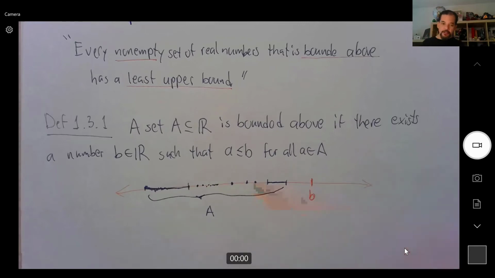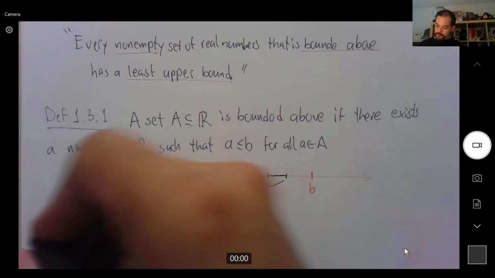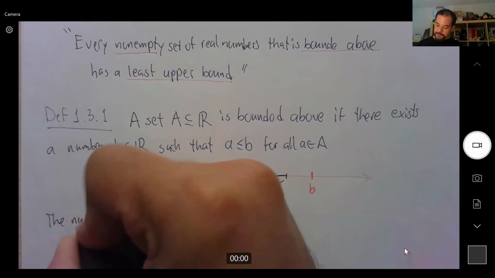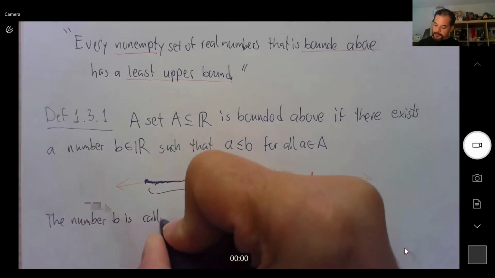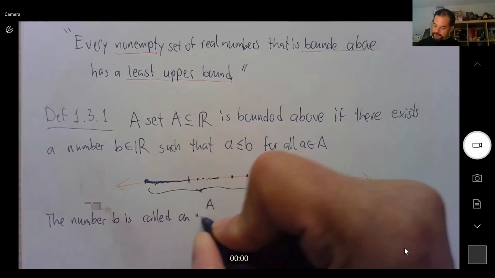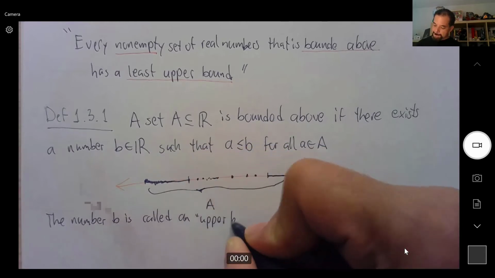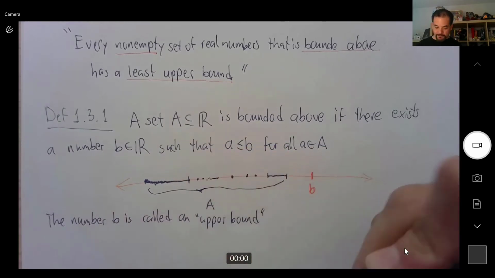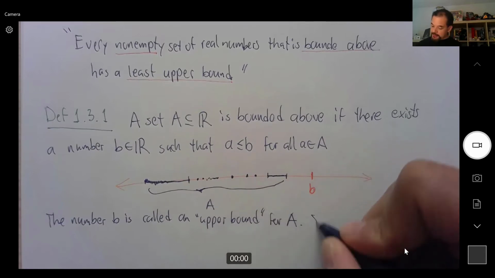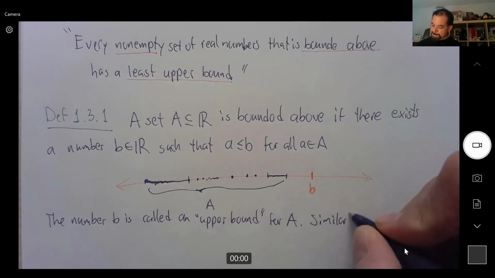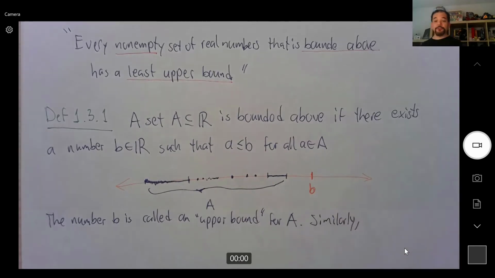And I'll just continue a little bit saying a few more things about this. The number B is called an upper bound, not surprisingly, for A. And similarly, we did bounded above, but we can also define bounded below, right?